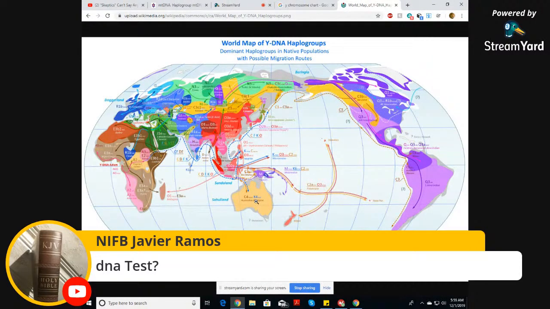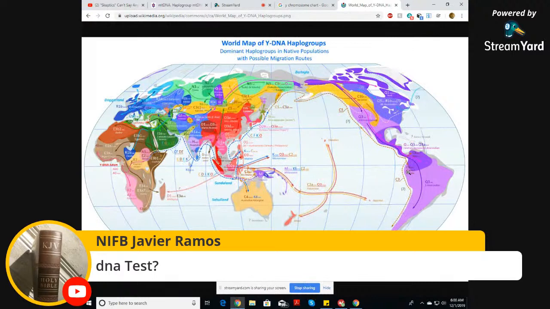That could be a descendant of Israel, or some facsimile. But the C4, which is over here, C2, C3, C4 is a descendant of Ham, because they made it all the way to the Americas by way of C3, and you even have it here.